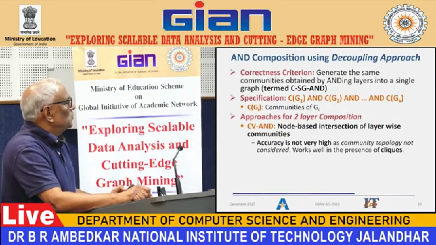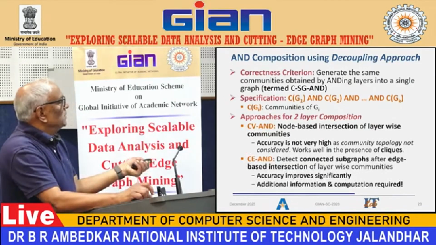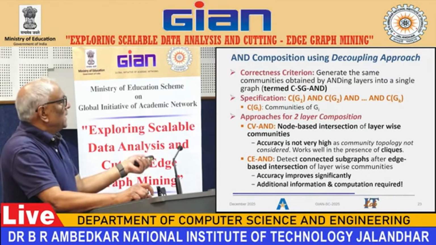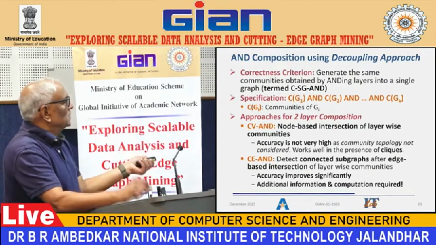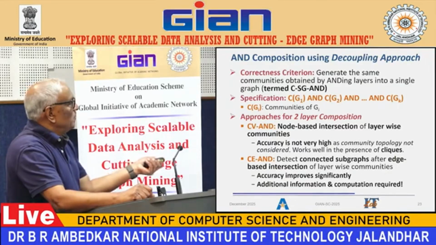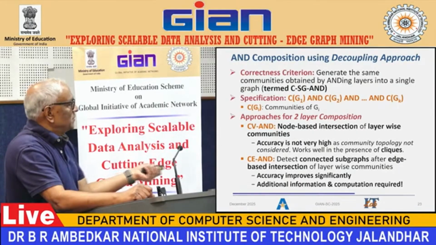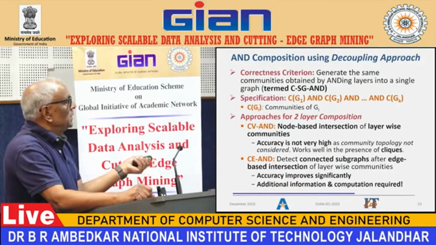We developed two different algorithms which we call CV AND and CE AND. So this is AND aggregation. CV is a community detection based upon vertices or node based intersection. CE AND is an edge based intersection for computing the community.